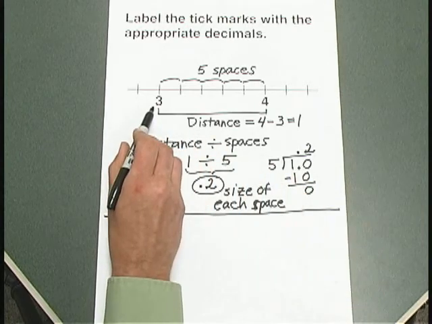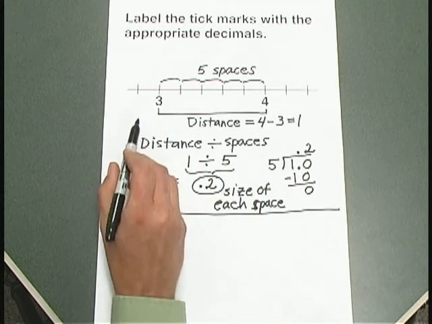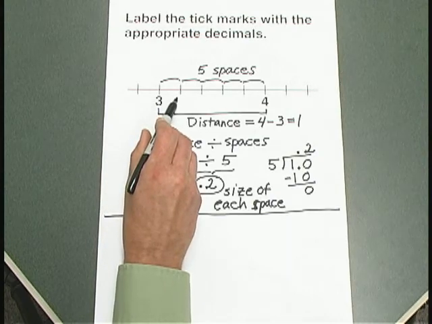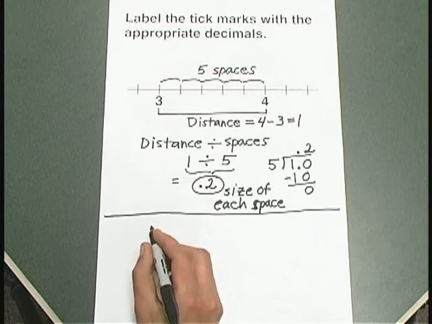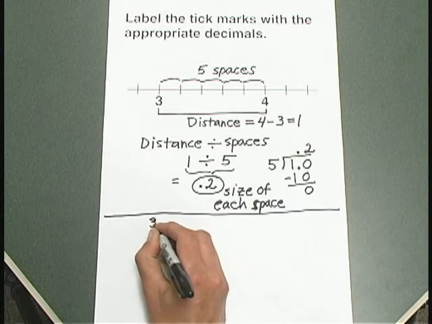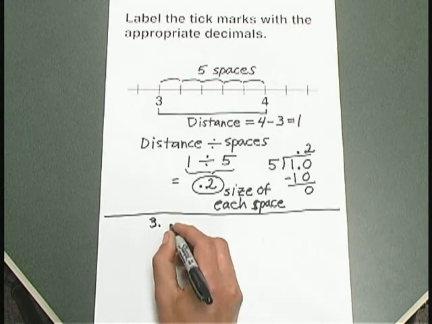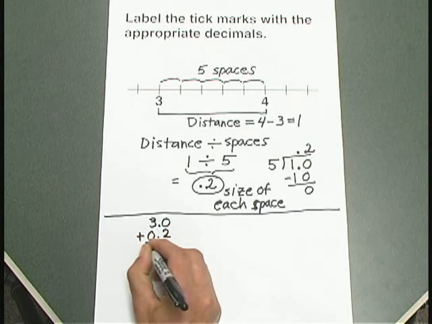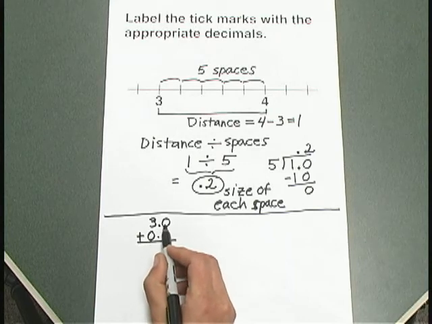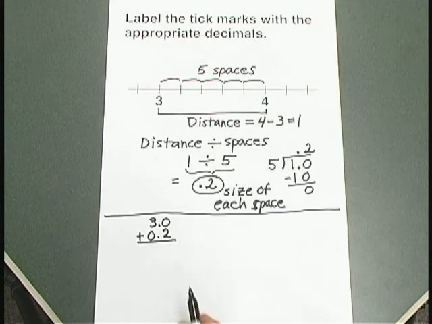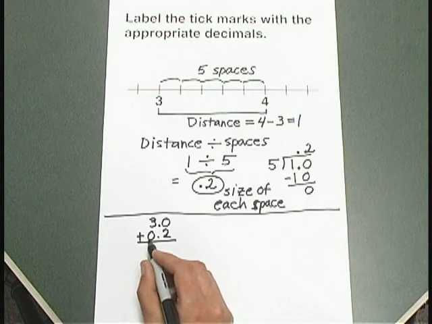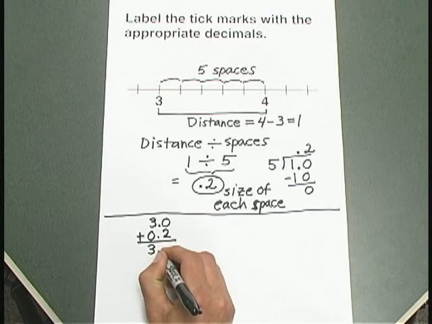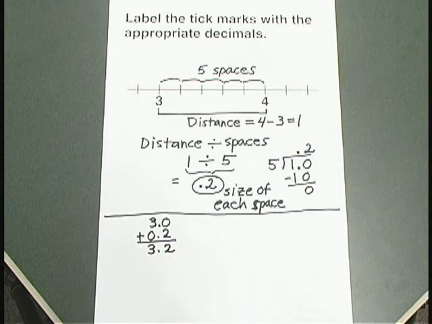Since 3 is the first number that's marked here, I'm going to take 3 and add 0.2 to it. 3 plus 0.2 is the same as 3.0 plus 0.2. 3 can be written as 3.0, and 0.2 can be thought of as 0.2 if you like. When I add them together, I get 3.2.